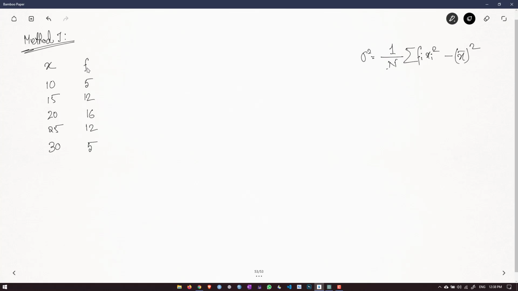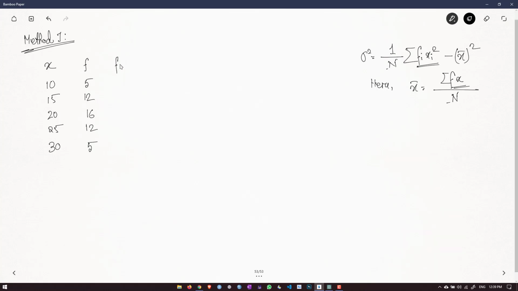So x we have, f we have, so we need x bar. Now here x bar is summation fx by capital N, right? That is the formula for x bar in case of grouped frequency. So that means we need the multiplication of f and x, and we also need the multiplication of f and x square, right?